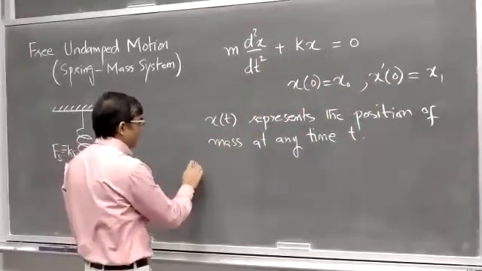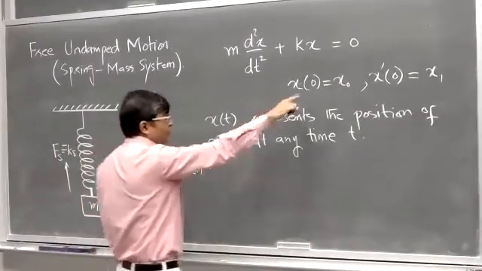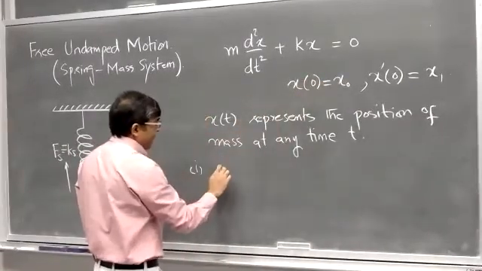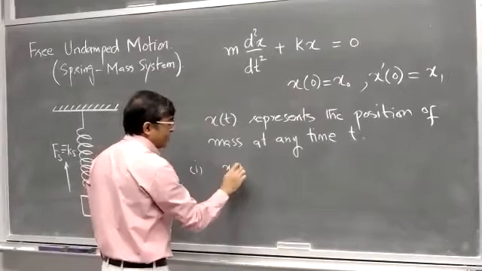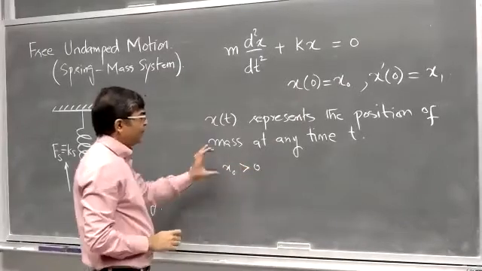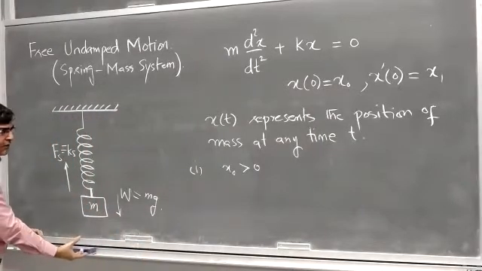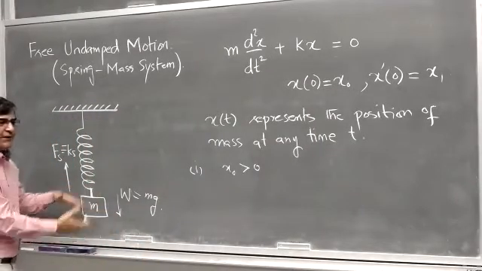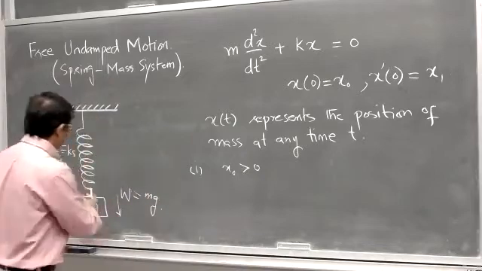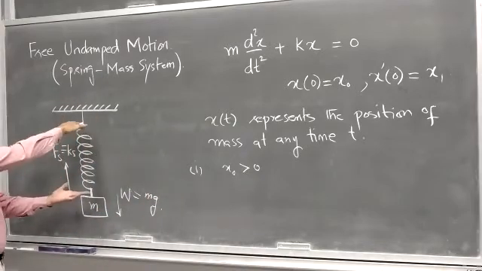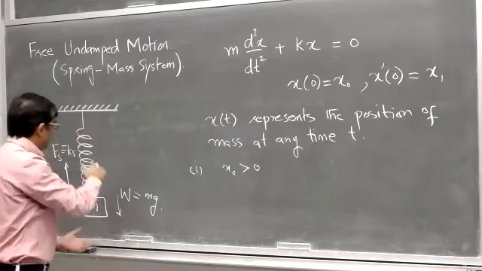For example, case one is on the initial conditions. If x naught is greater than 0, it means the displacement is positive. We pull down this mass, then there must be some displacement in the position of this mass. So the spring will be extended even more.